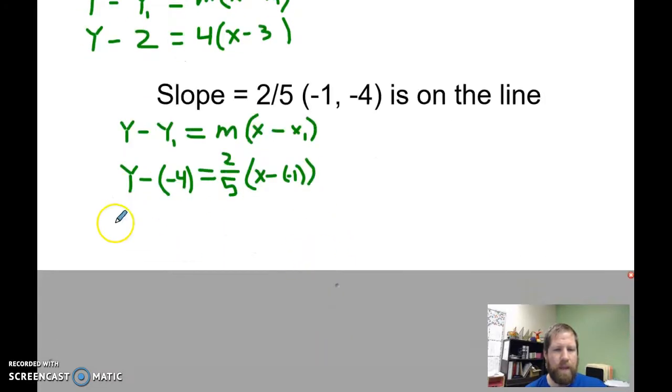Okay, and then we would have to just go through the next step, which is a negative negative 4 is positive 4 equals 2/5 times x negative negative 1 or plus 1. Okay, and that is point slope form.